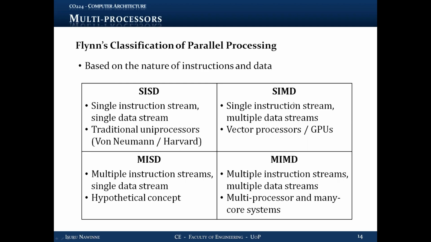They have a large number of processing elements running the same instruction stream, but the data are different. Each processing element works on a different subset of data. GPUs employ the SIMD type parallel processing method.